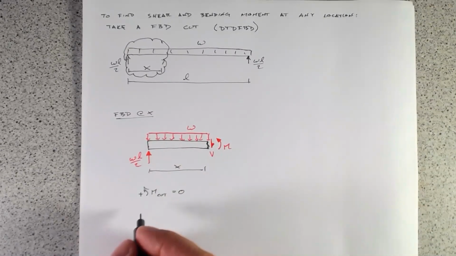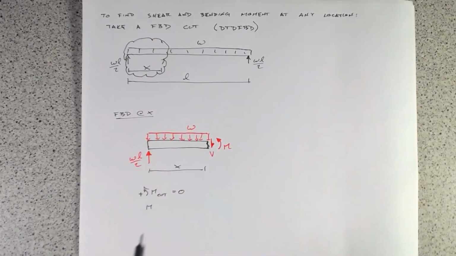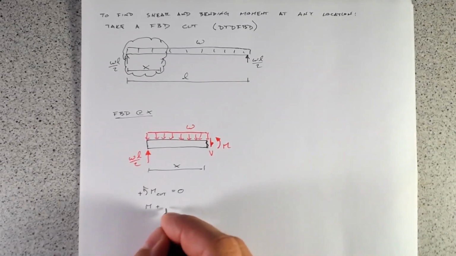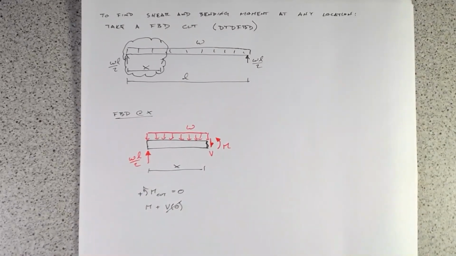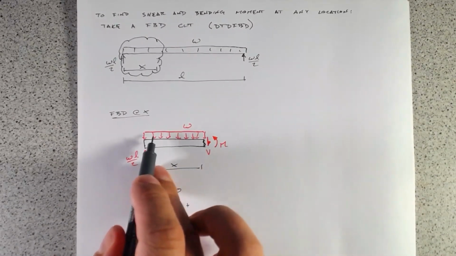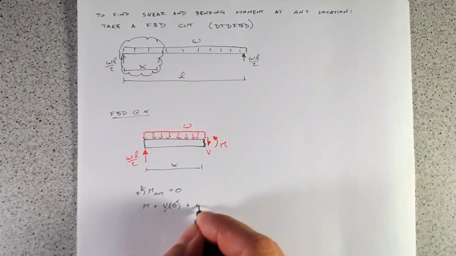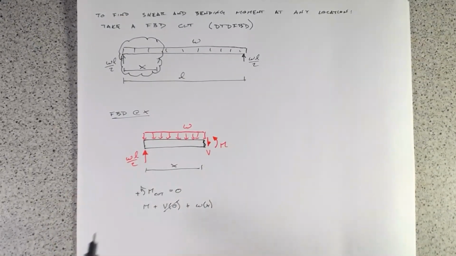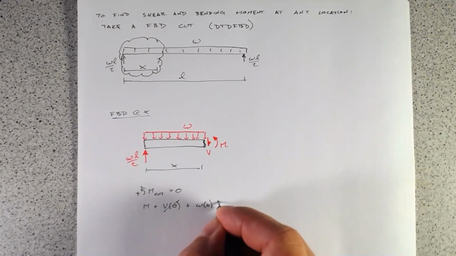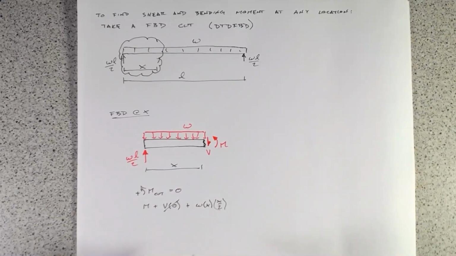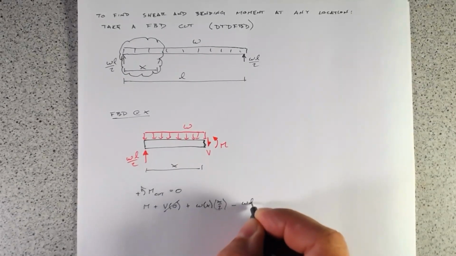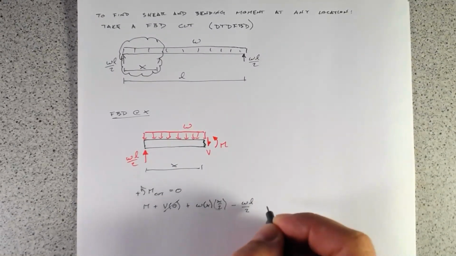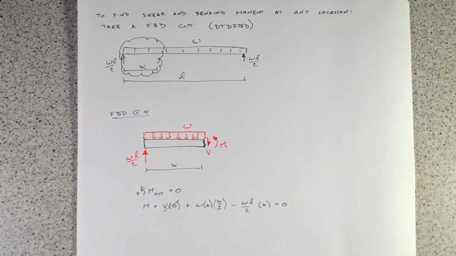So we have the moment, M, going this way, plus the shear force, which is acting at a distance 0 away, so that goes away, plus W times x, which is that force, and that is acting at a distance x over 2 away, and then minus WL over 2 times x, and all of that equals 0.